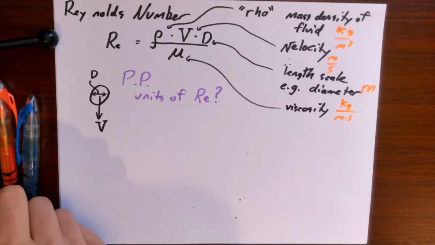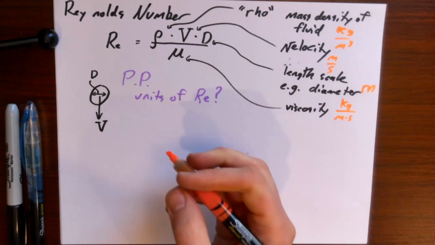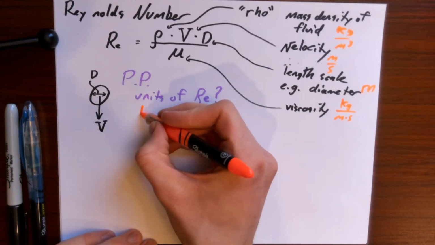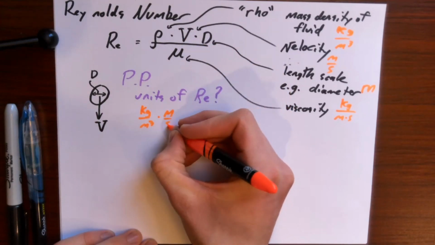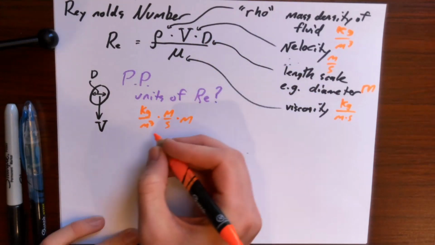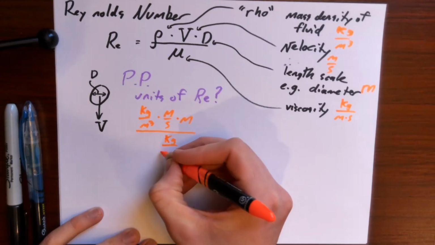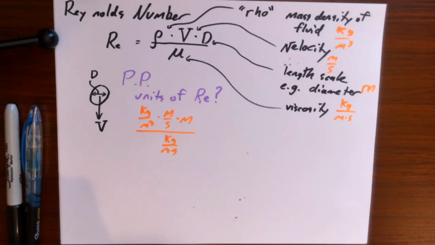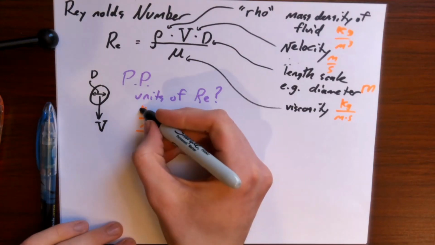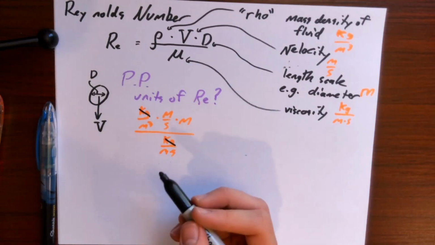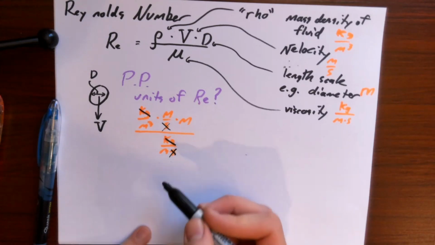Okay, so hopefully you've paused it and worked it out. Let's work out what the units of Reynolds number are. If we plug in kilograms per meter cubed, and meters per second, and meters, and then in the denominator kilograms per meter second, we can see which of these are going to cancel out. Kilograms would cancel with kilograms in the numerator and denominator. 1 over seconds in the numerator would cancel with 1 over seconds in the denominator.